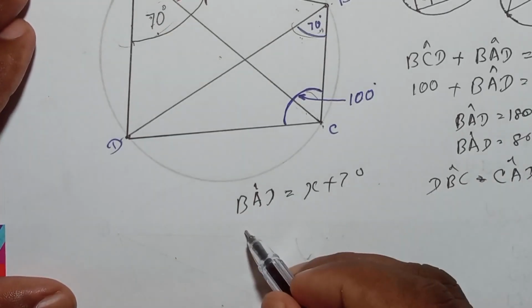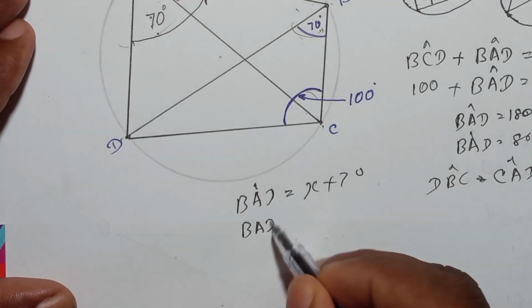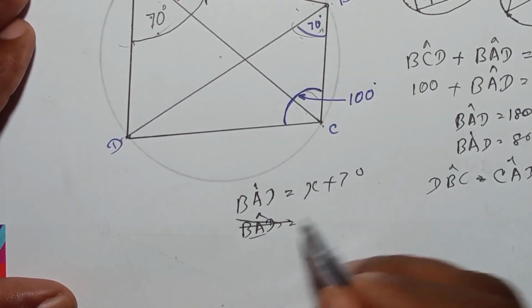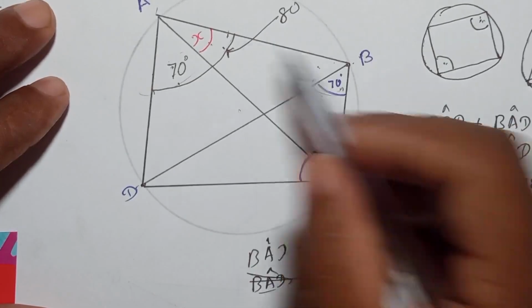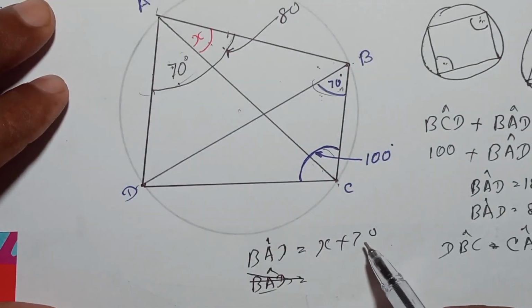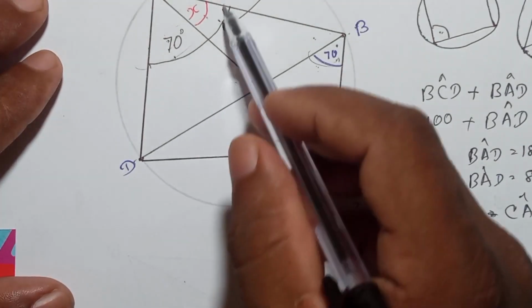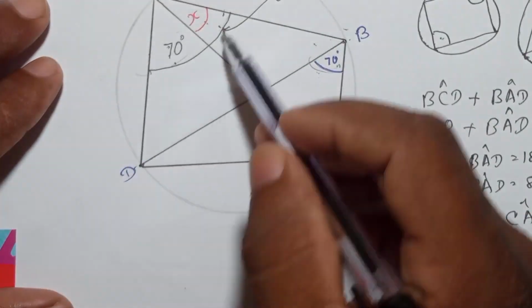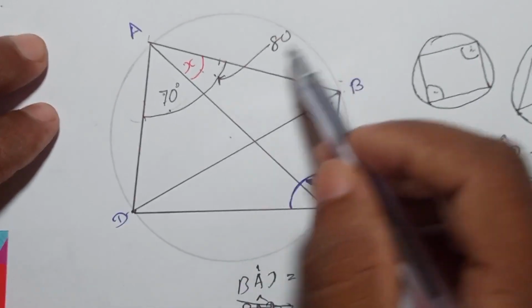Directly, BAD equals x plus 70. BAD we also know, this angle is 80, which we found earlier.